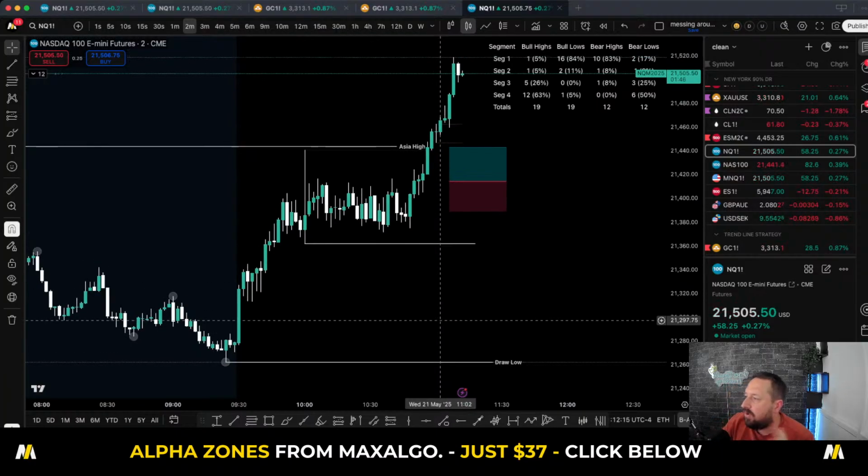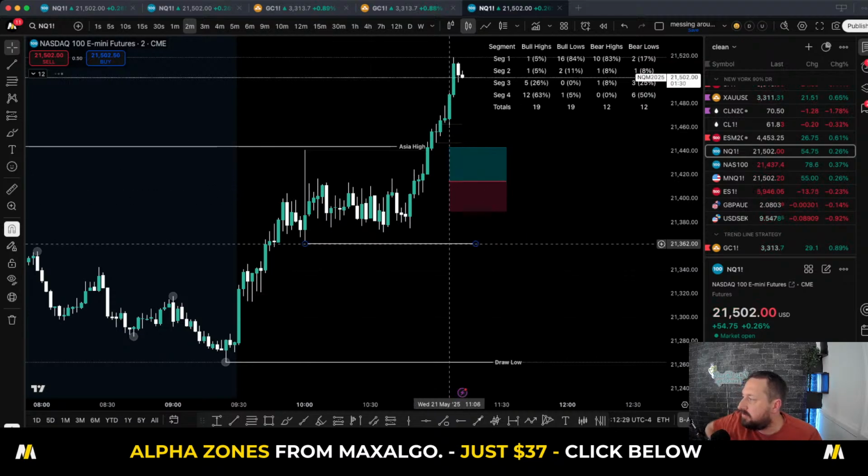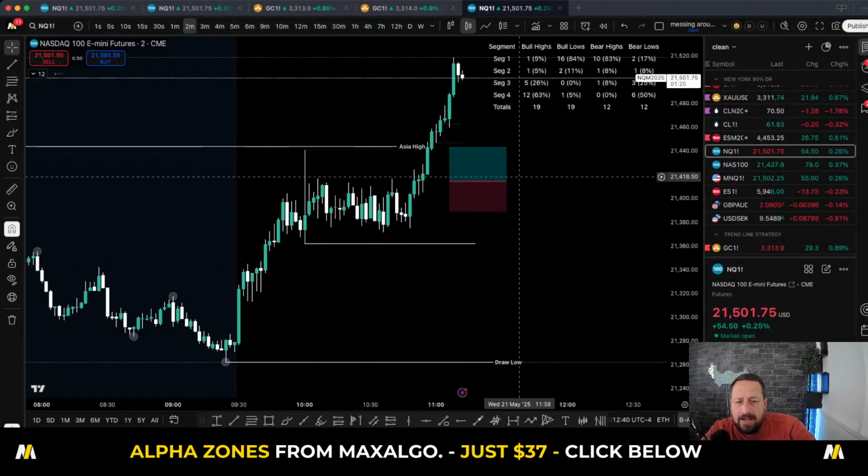So what we've got planned coming in, I've got some updates. Obviously, we're still going to continue with updates on Alpha Zones. We've got a second signal indicator coming as well with Alpha Zones, which uses a different entry method. It uses price action entry methods, and another one is price action as well.